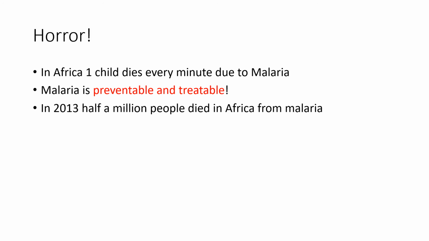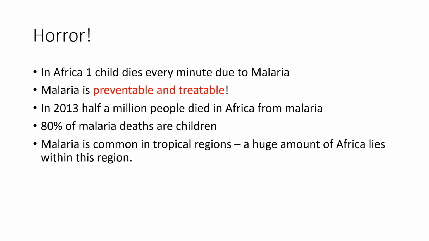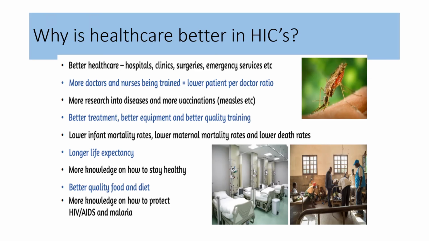Because these deaths in Africa don't generally affect us. We are so far removed from it, we don't even realise it's happening. But each year, that's how many people are dying from malaria in Africa. 80% of malaria deaths are children. Malaria is common in the tropical regions, and a huge amount of Africa lies within that region.